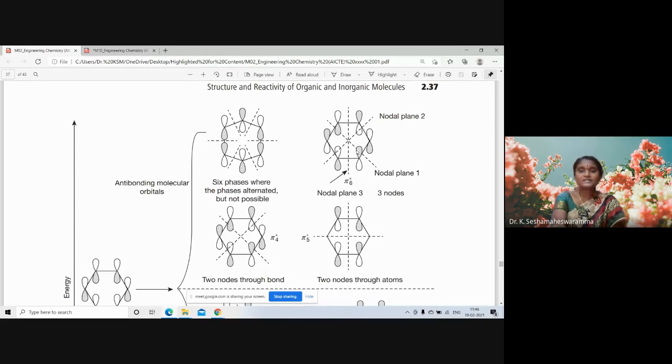So through this 1 nodal plane, through this 1 nodal plane, through this 1 nodal plane, 3 nodes, because these have to cut through the center of the molecule.